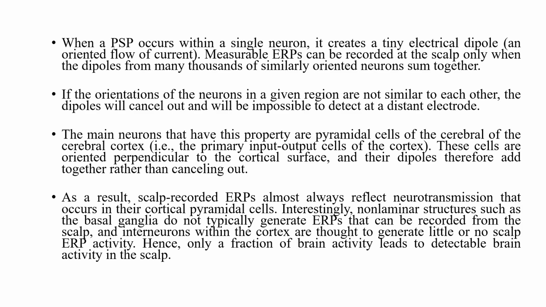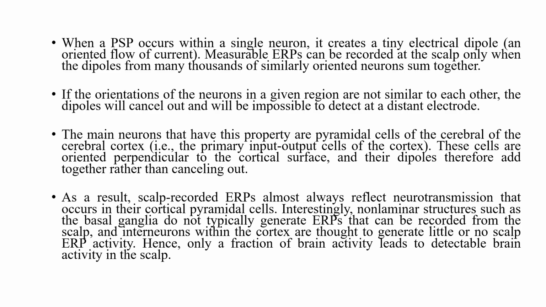But if they are oriented in the same direction, the main neurons that have this property are the pyramidal cells of the cerebral cortex, which are the primary input and output cells of the cortex. These cells are all oriented perpendicular to the cortical surface, and their dipoles therefore add together instead of cancelling out. So, that is the activity that we can catch at the electrodes placed on the scalp.